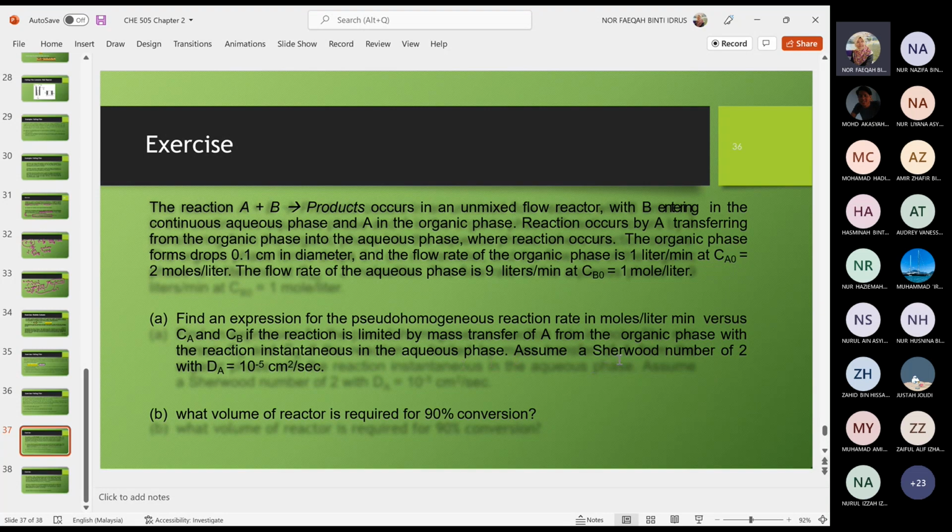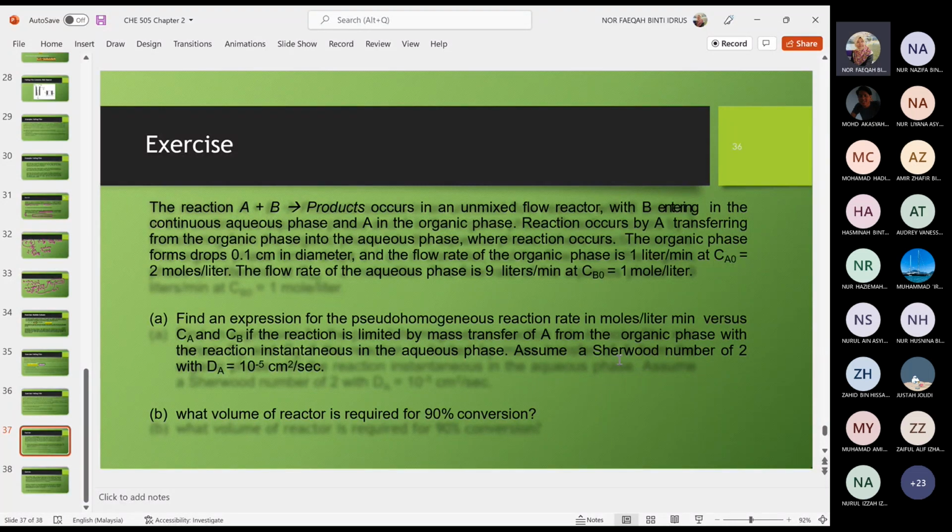Assume a Sherwood number of 2 with dA equal to 10 to the power of negative 5. So the reaction is limited by mass transfer.